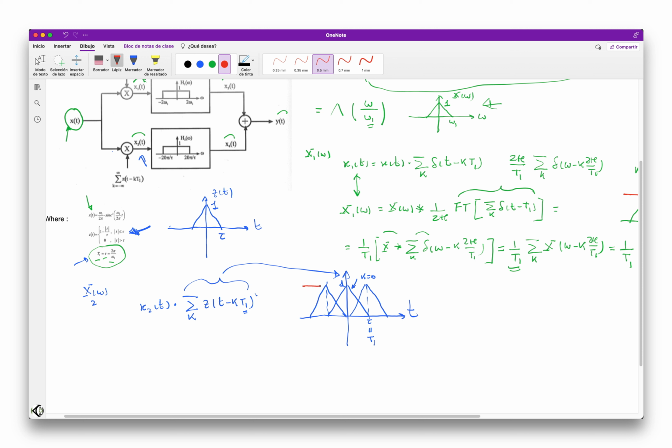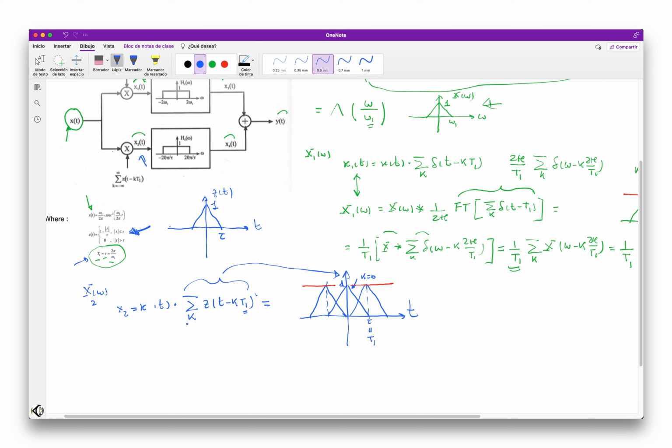The train of set functions will also be a constant signal, in this case of value 1. So this is x of omega, and this is x2 of t.